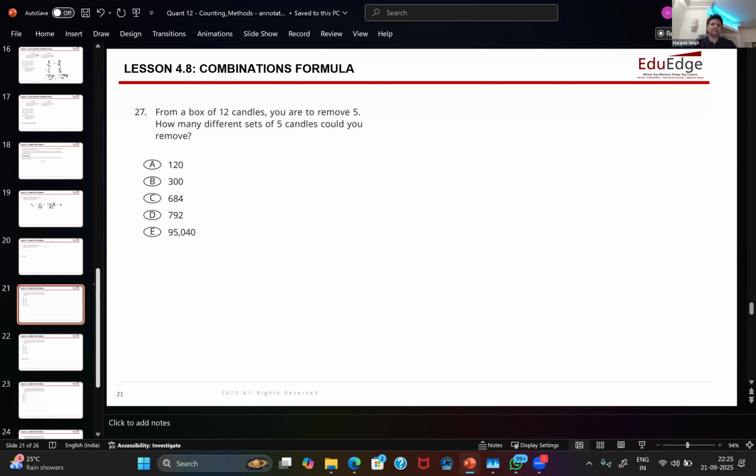Combinations, because if you remove ABC, that's similar to removing BCA. It doesn't matter in which order you're removing. So it's combinations. So can I say this will be 12C5 is the answer? And can you calculate and tell me what should the answer be?